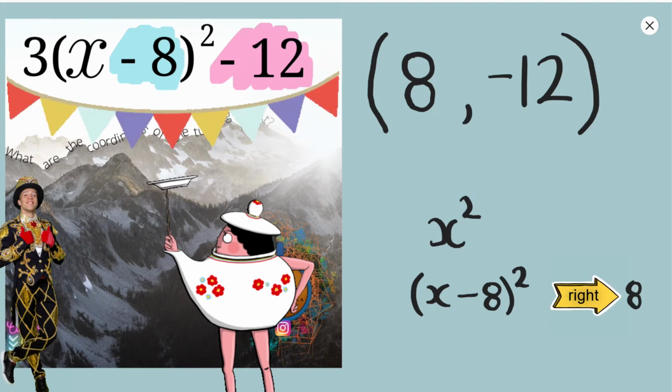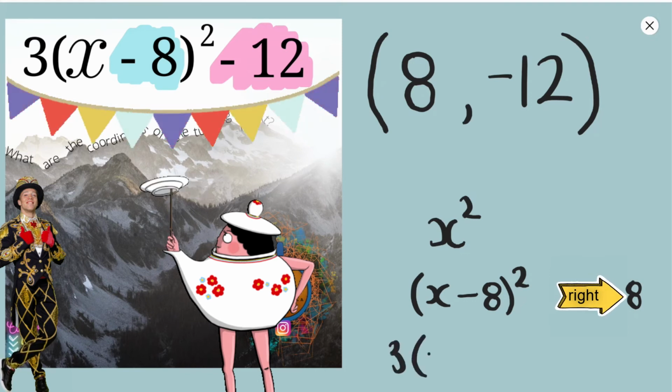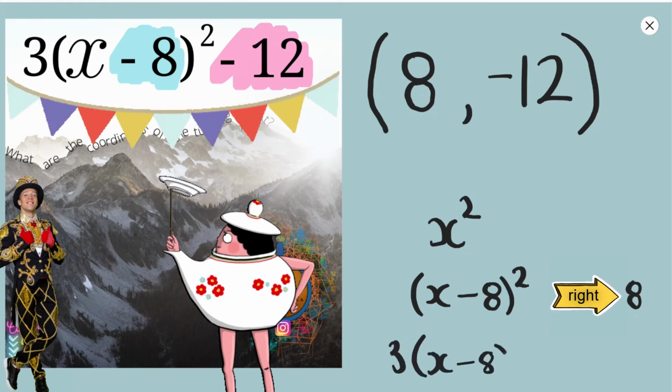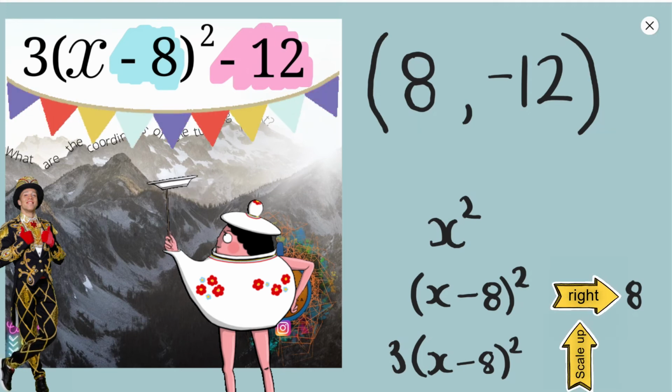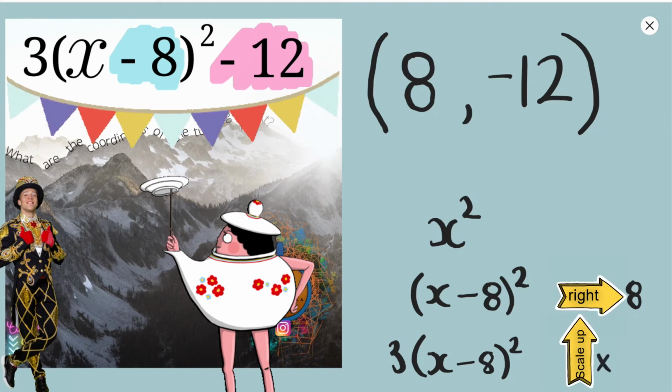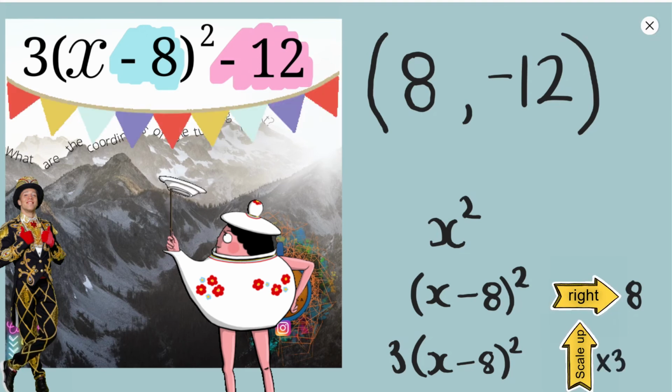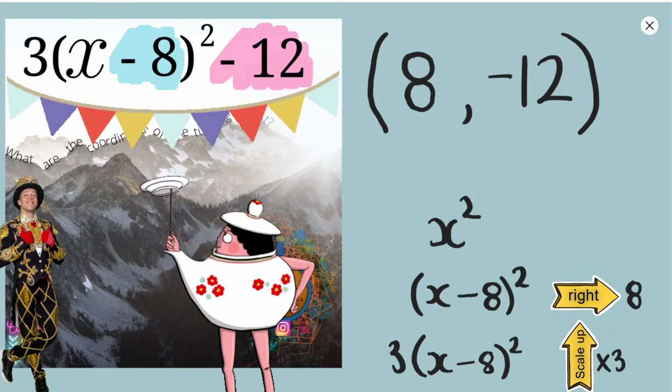That's the first transformation that happens to this function. That definitely does affect the x coordinate. The second is the 3 on the outside. It's on the outside, so it affects the y coordinate, and it has the effect of multiplying it by 3. And because the y coordinate currently is 0, it has no effect.